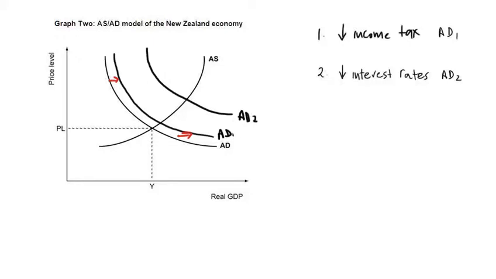So let's call AD2 out here. And there, shift the AD curve out. That's a much bigger shift. There it is there. Okay. So it just shows you the impact of both of those. The income tax effect is going to be much less than the interest rates effect.